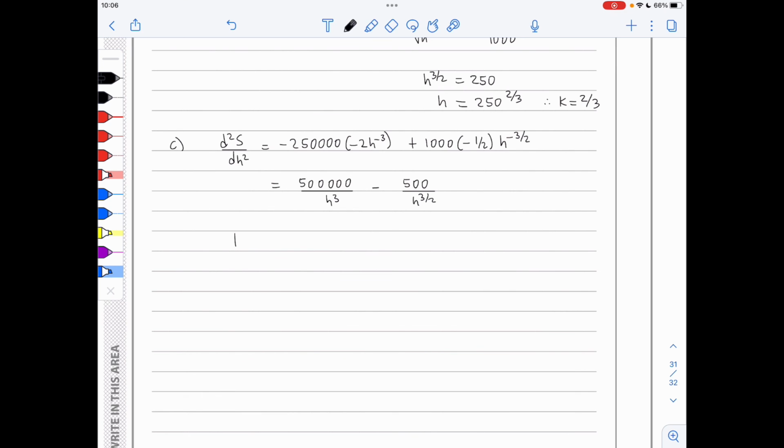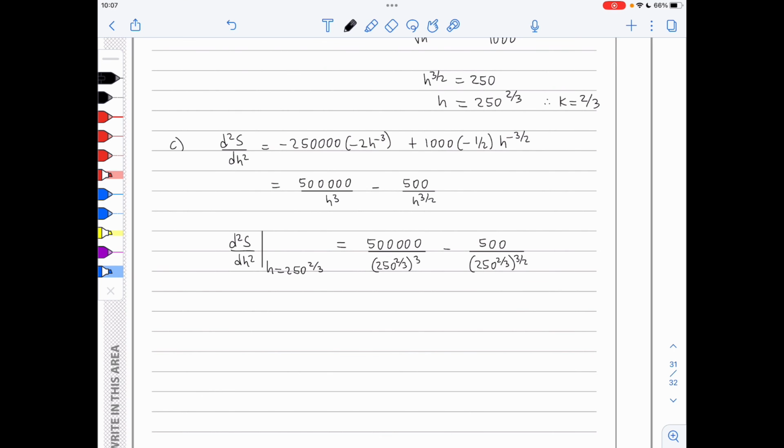We will evaluate the second derivative when h is 250 to the 2 over 3. So we substitute, it's going to be 500,000 over 250 to the 2 over 3 all cubed minus 500 over 250 to the 2 over 3 raised to the 3 over 2.